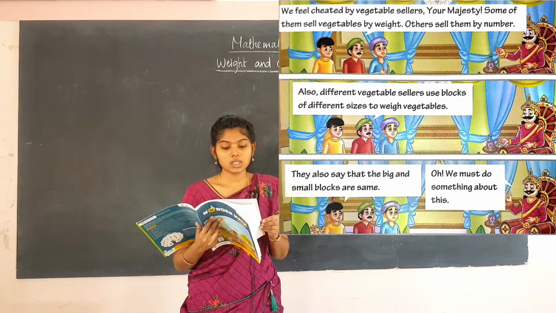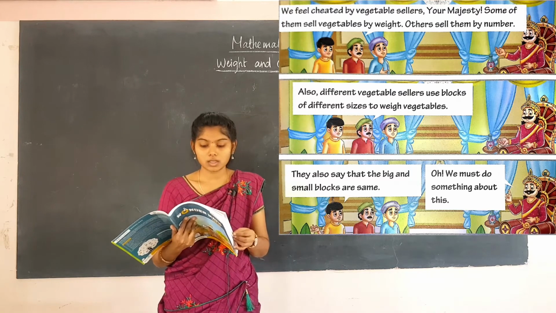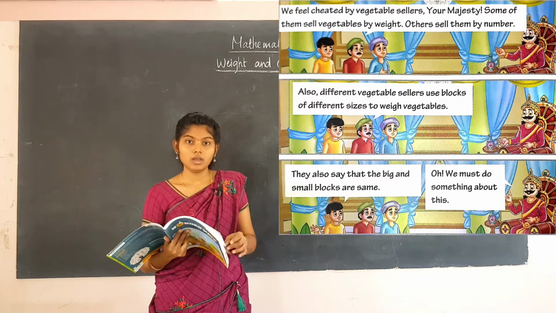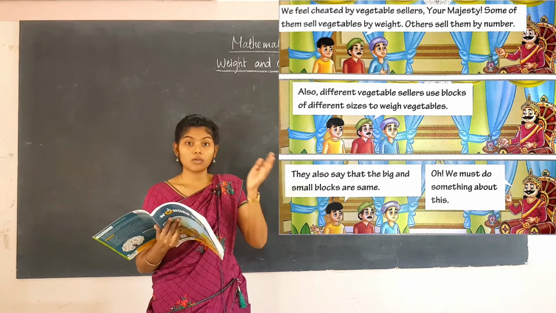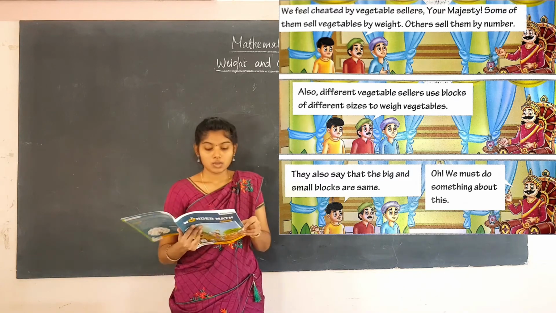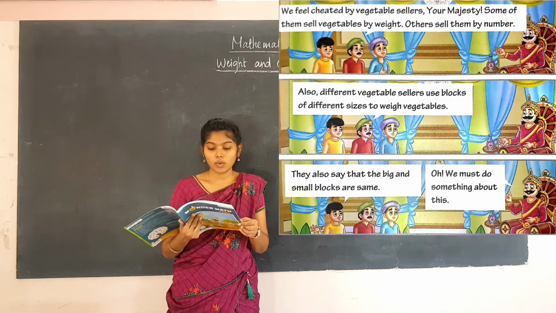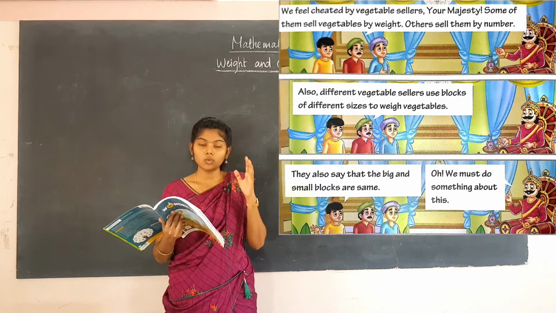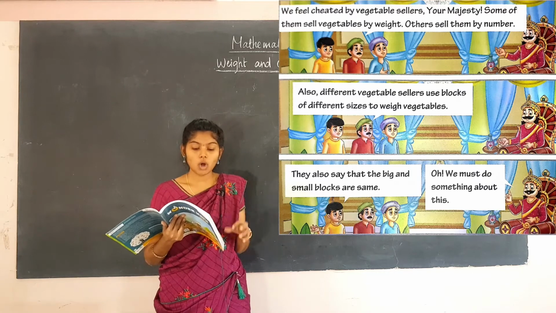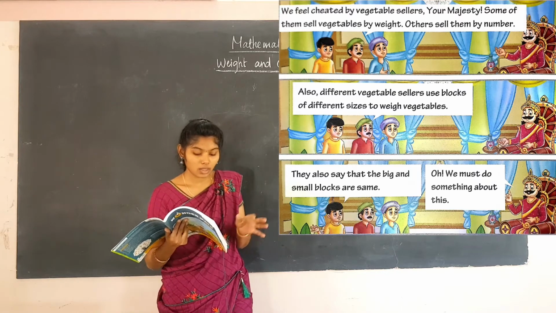Your majesty, some of them sell vegetables by weight. Others sell them by number. Some measure by weight and some measure by numbers. Also, different vegetable sellers use blocks of different sizes to weigh vegetables. They are using different blocks of different sizes.